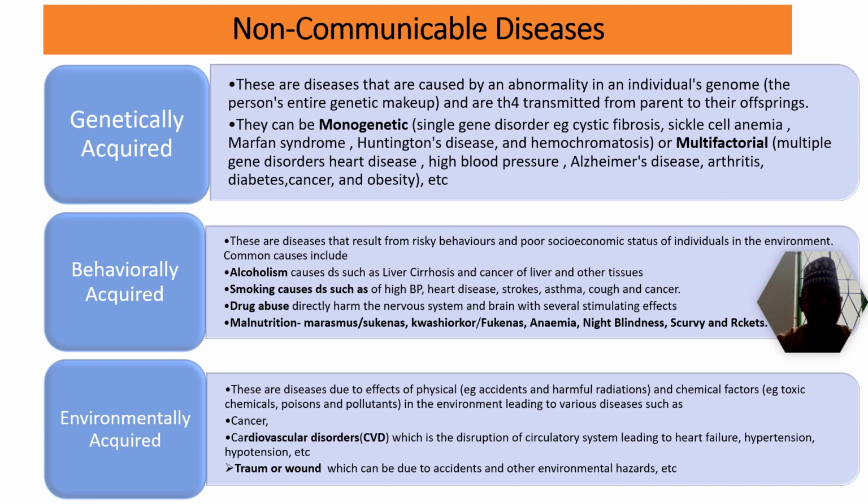We can also have trauma or wound, which can be as a result of accident and other environmental hazards. So all these in brief are the main categories of non-communicable diseases.